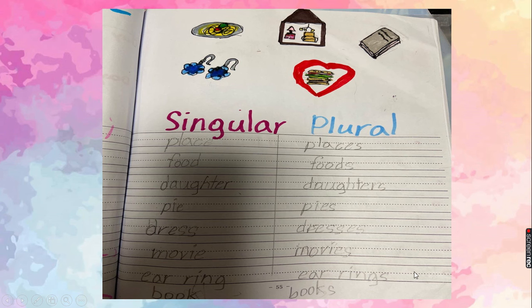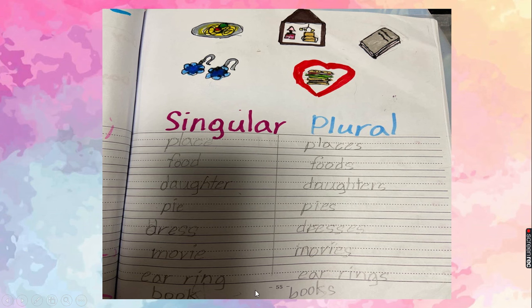Movie, movies. Earring, earrings. Book, books. For earring, we usually write earrings. These are earrings. They're pretty. I think Zarina's mom loves earrings. I love earrings too. So here, they are all common nouns.